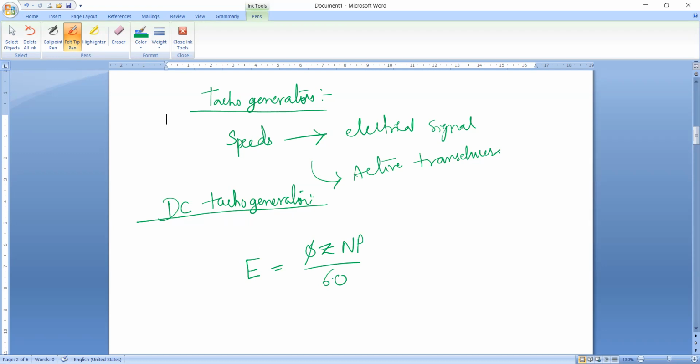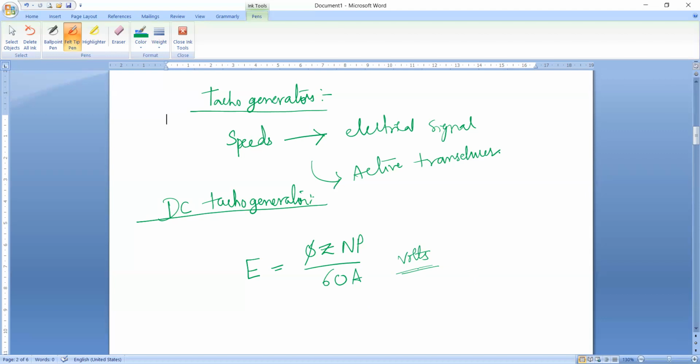The output is measured in volts. The DC tacho generator is used to convert speed directly into electrical signals.